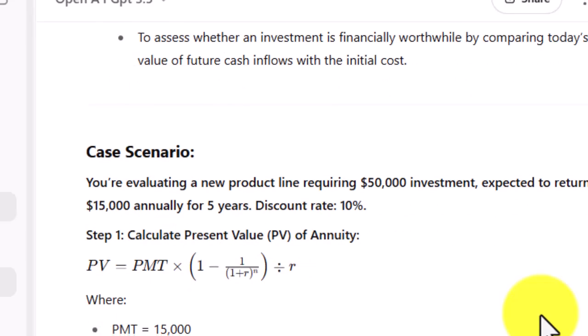You are evaluating a new product line requiring a $50,000 investment, expected to return $15,000 annually for 5 years. Discount rate 10%. Step 1: calculate the present value of the annuity.